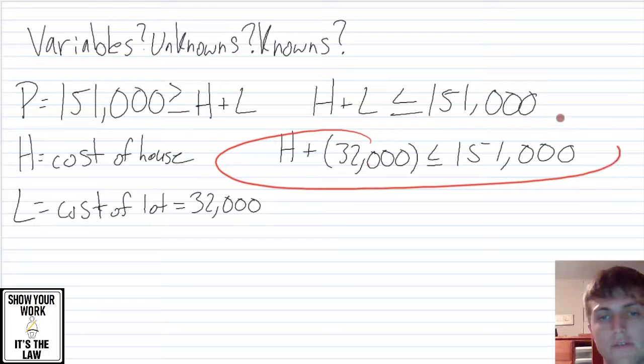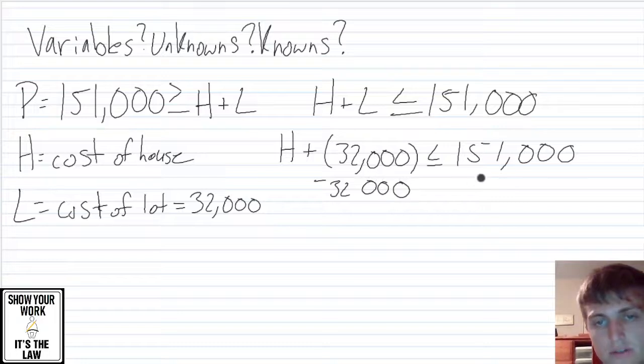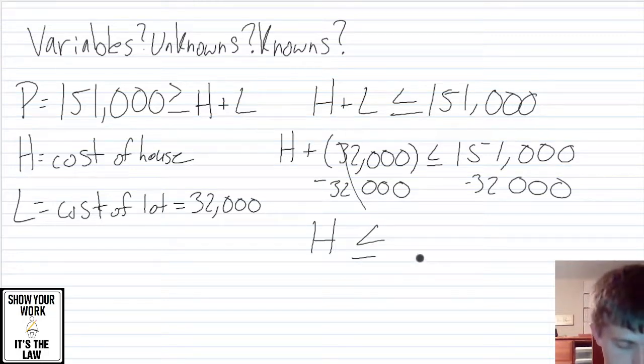We only have one variable. We are good to solve. How do we get H by itself? It's being added by 32,000, so we subtract 32,000 on each side, and that's going to give us a number. What does H represent? The cost of the house, so we can say the cost of the house is less than or equal to 119,000.